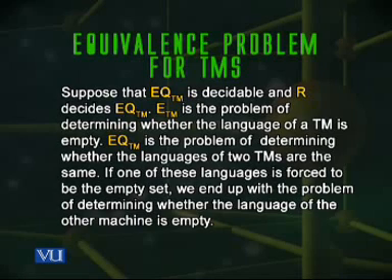In ETM, we have to tell only if the language of one Turing machine is empty, whereas R is actually telling us about two Turing machines. It can tell us whether the language of two Turing machines is the same or not. What we want to do is make a decider S that gets a Turing machine M, and it has to decide if the language of M is empty or not.